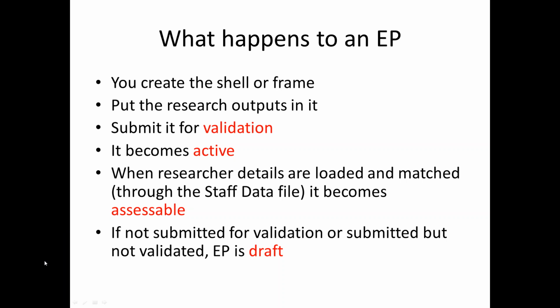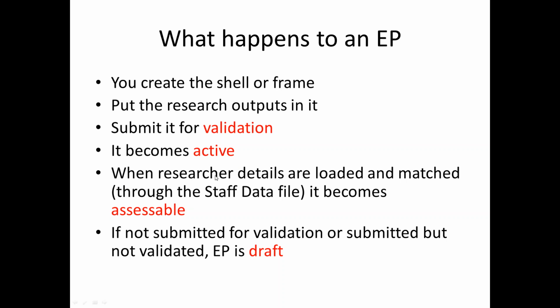Okay, so essentially the shell or the frame of the EP is created, and then the research outputs are put into it, or the NROs and the OROs. It then gets submitted for validation, and it becomes active if it has the requisite number of the requisite data in it, which would be 1 NRO.